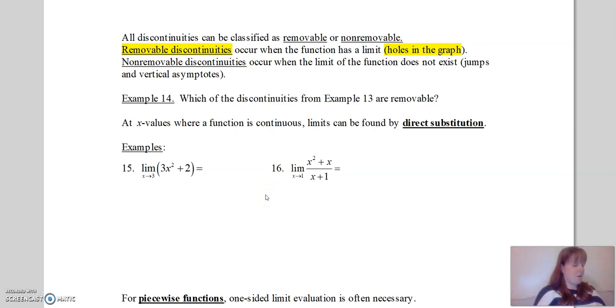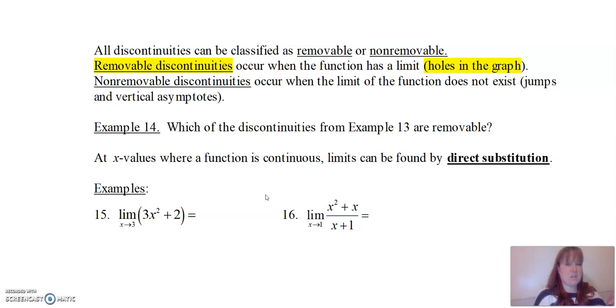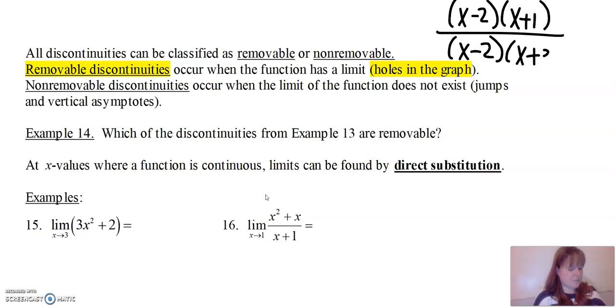So now remember, how do we find discontinuities algebraically? If I have a function that's factored, x minus 2, x plus 1 on top, and x minus 2, x plus 3 on the bottom, I'm going to have domain restrictions wherever this creates a 0, because I can't divide by 0, right?